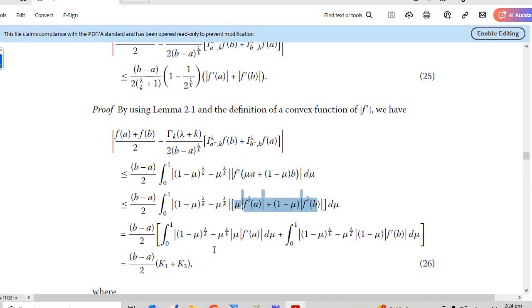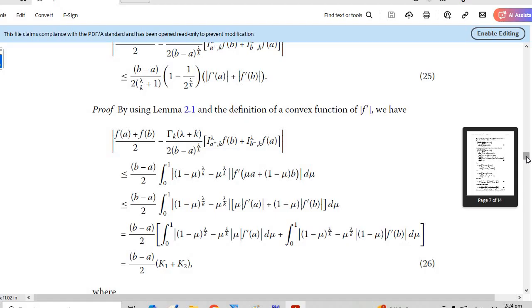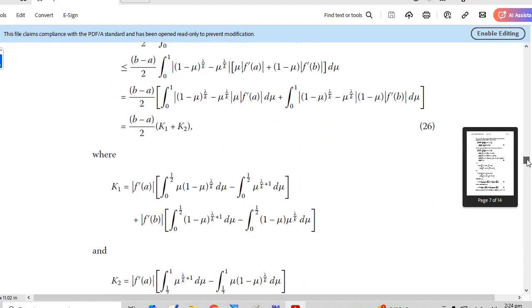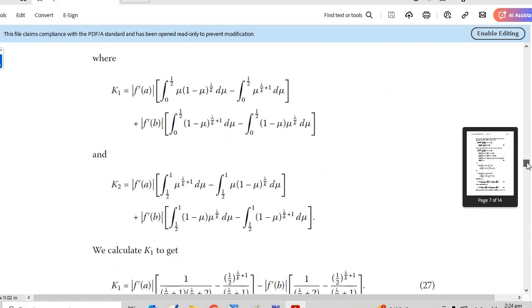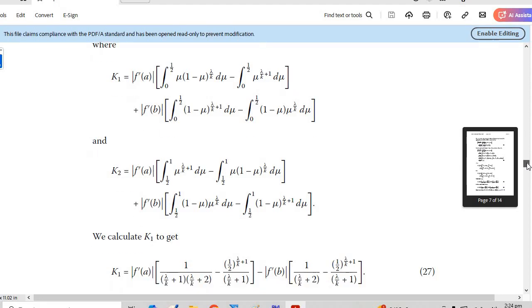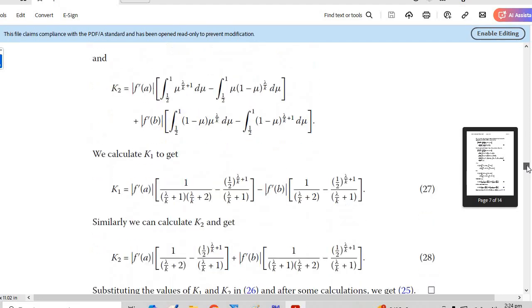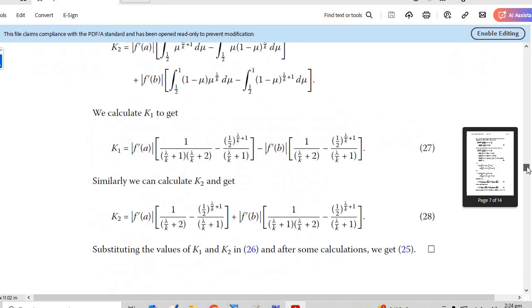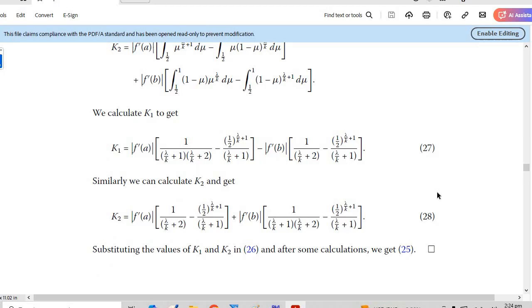The integral is separated, and we have the two integrals K1 and K2. Likewise, solve K1 and K2, multiplying with the term you did previously. You will get these 27 and 28, and substituting the values of K1 and K2 in 26, you will get exactly 25.